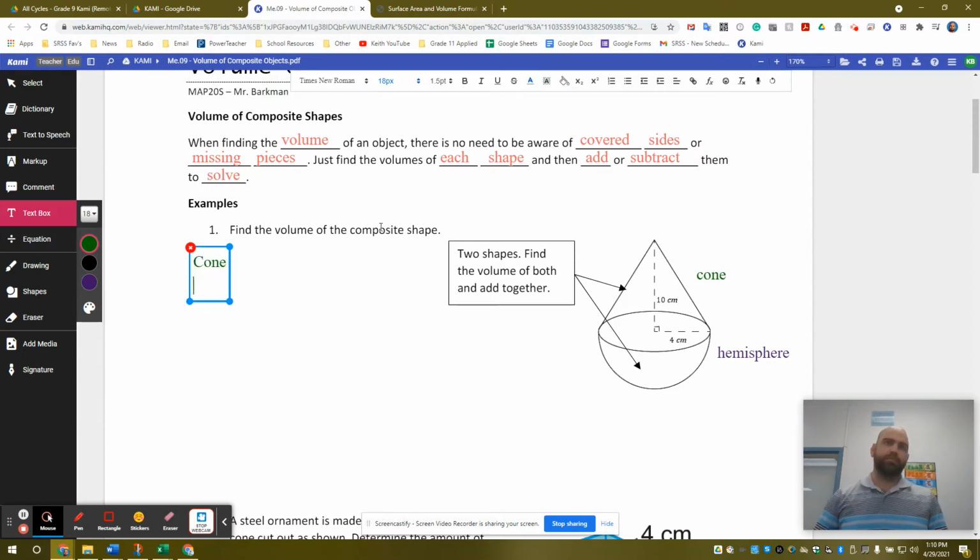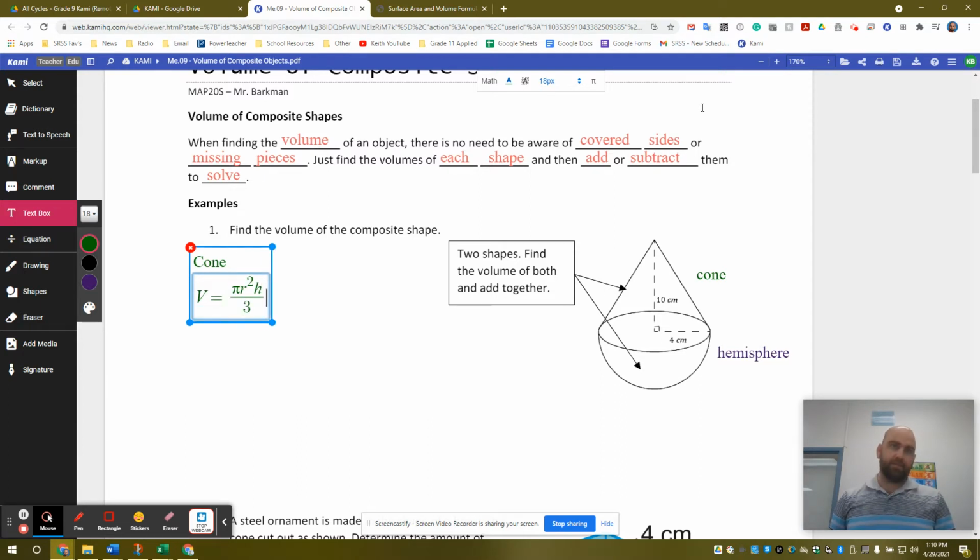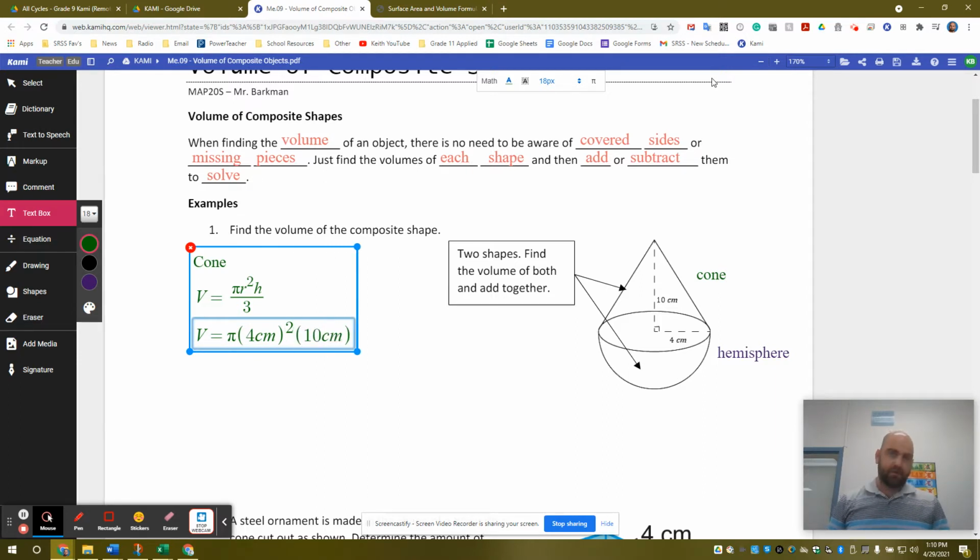To find the volume of a cone, volume is equal to pi r squared times h divided by 3. We are given the radius and the height, so that part is already taken care of. So volume is equal to pi times our radius, which is 4 centimeters, squared, multiplied by our height, which is 10 centimeters, divided all by 3.